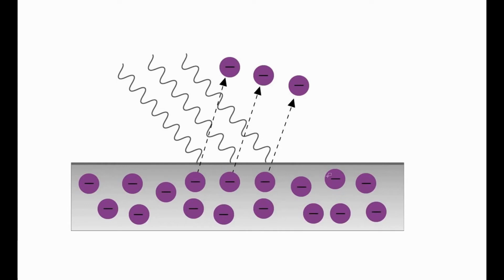Here there is a metal surface, and as we know, it will have electrons, and these electrons are bound and not free to get emitted. Here light is incident, and you must mention the light is of suitable frequency. When light or radiation of suitable frequency is incident on the metal surface and electrons are emitted from it, this whole phenomenon is called the photoelectric effect.